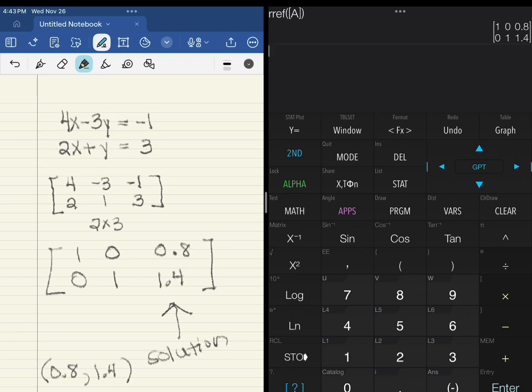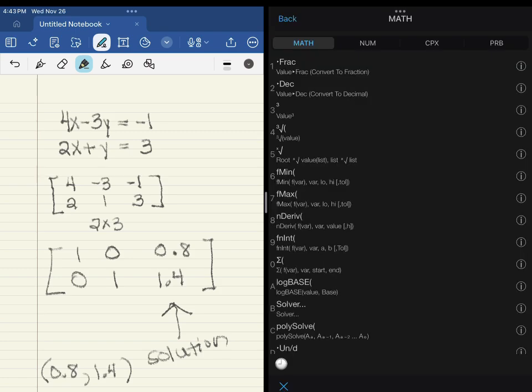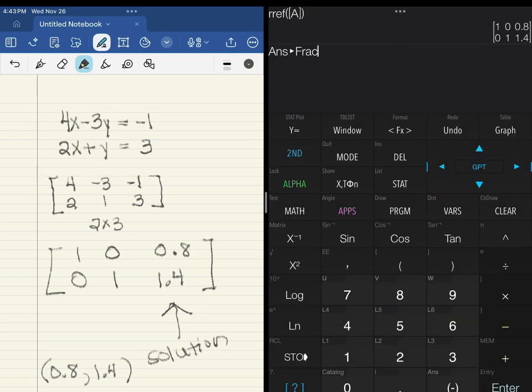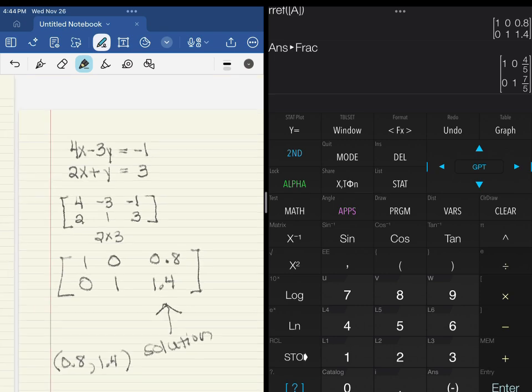You can go to math and pick fraction. Press the math button and press fraction, and it'll say, do you want to put your answer in fraction form? And then it'll put the same solution in fraction form if you want.